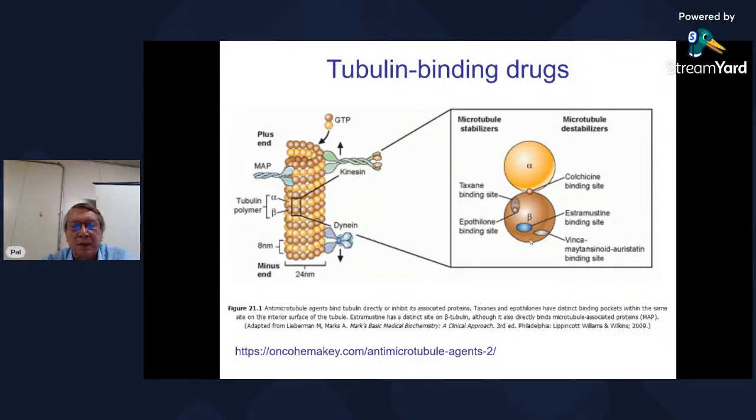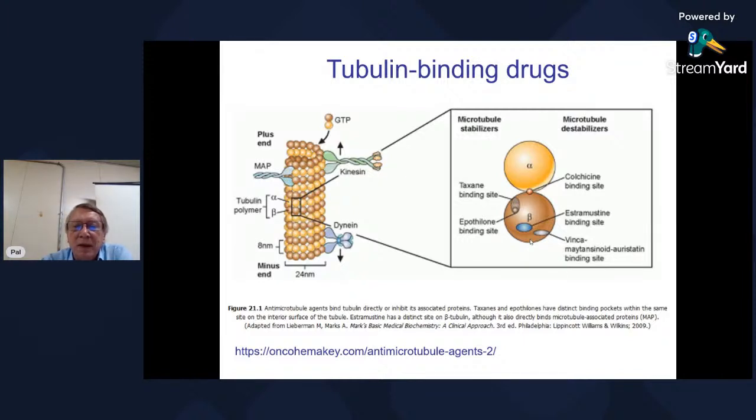This figure shows the simplified structure of the microtubule, which is composed of two units, the alpha and the beta tubulin units, and the enlarged picture shows the different binding sites of microtubule stabilizer and destabilizer agents.